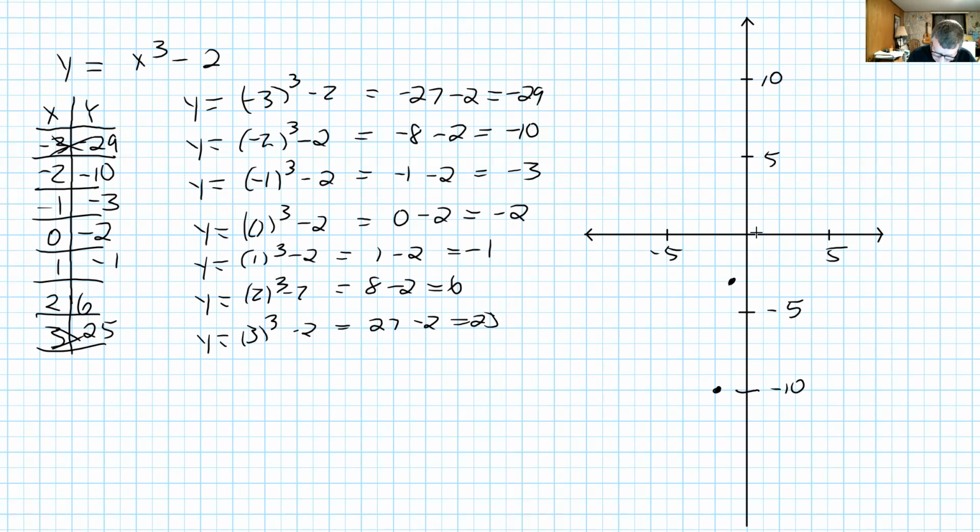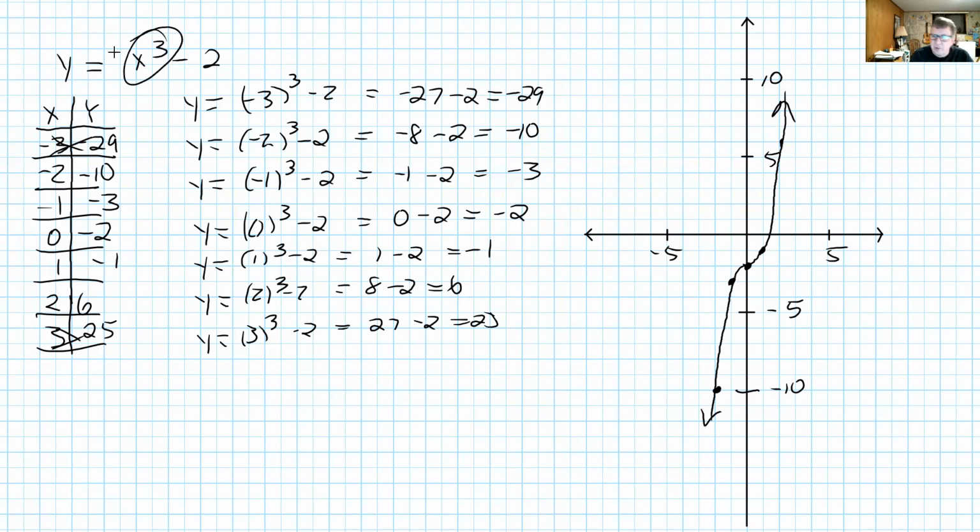If x is 0, y is -2. If x is 1, y is -1. And if x is 2, y is 6. So this graph looks like that, more or less.